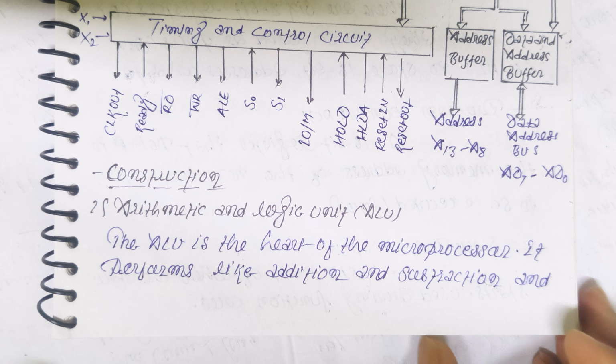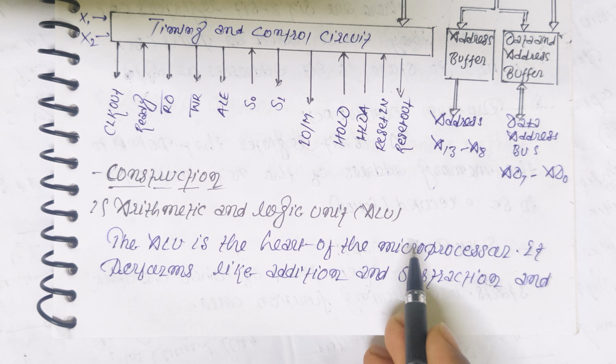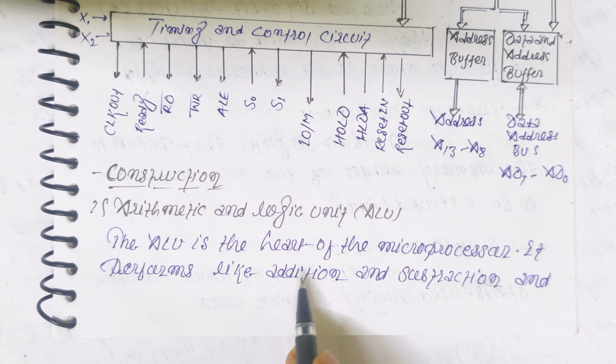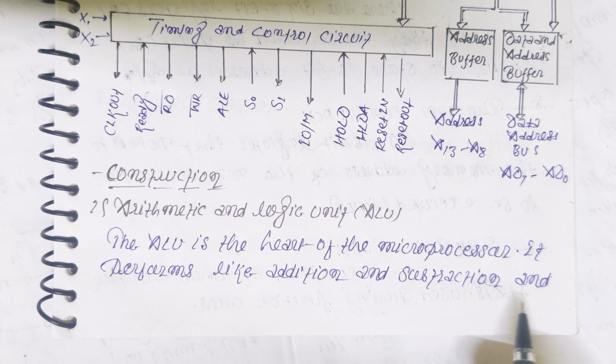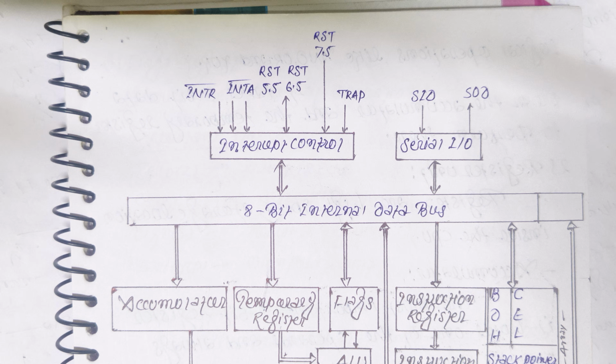Let's know about the construction. First, the arithmetic and logic unit, ALU. The ALU is the heart of the microprocessor. It performs operations like addition and subtraction, and you can see, friends, this is the figure.